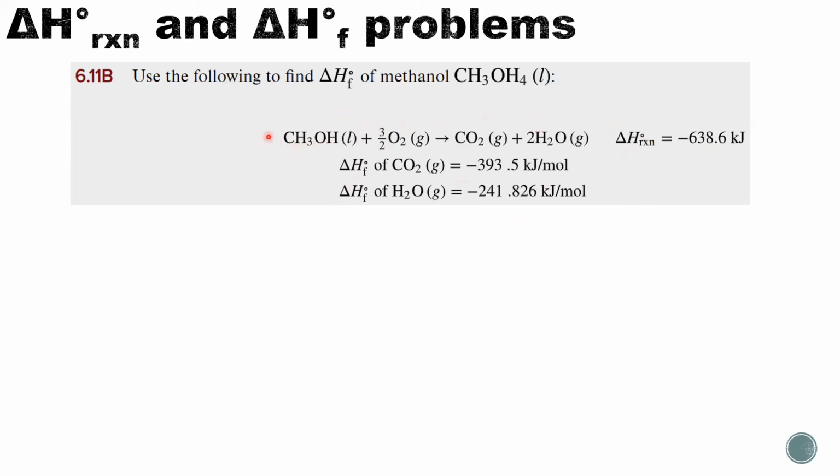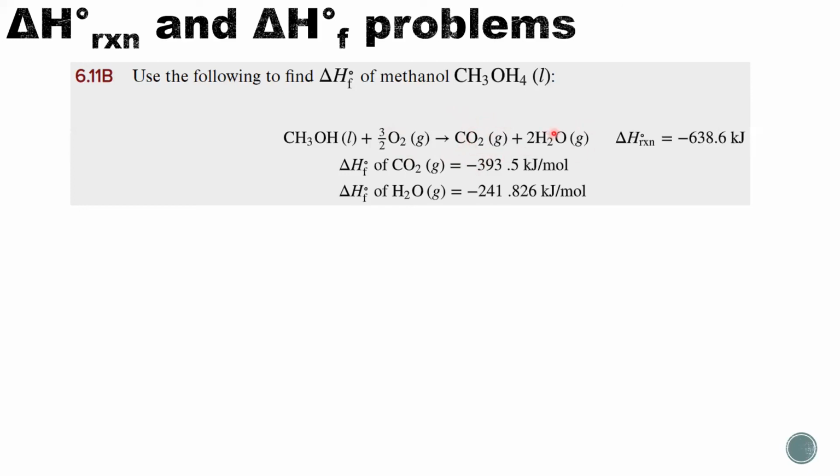The first one, we need to find the standard heat of formation. The second is oxygen in gas phase. If you remember, the standard state of oxygen is the gas phase. So the standard heat of formation for elemental oxygen in the standard condition is 0. Then we have the standard heats of formation of CO2 and water.